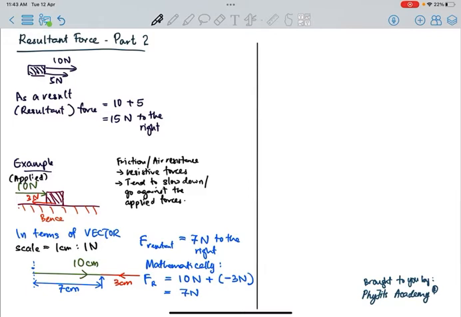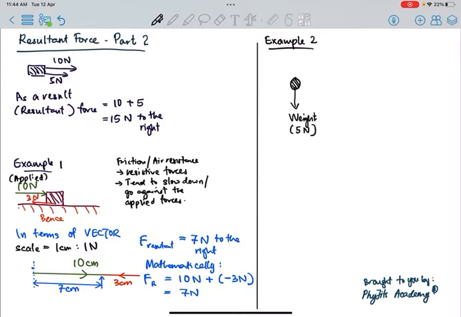Alright, let's go with another example. Say example number 1 was the box, now we go with example number 2. Instead of using a box, let's change our idea now. There is a ball which is falling downwards due to its weight of, let's say, 5 Newton.